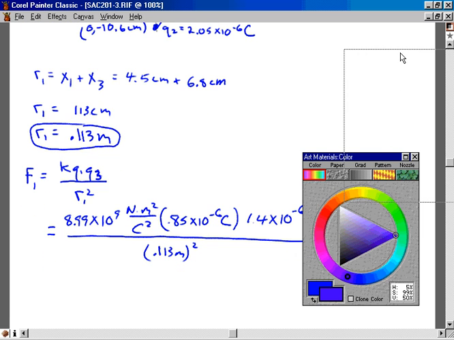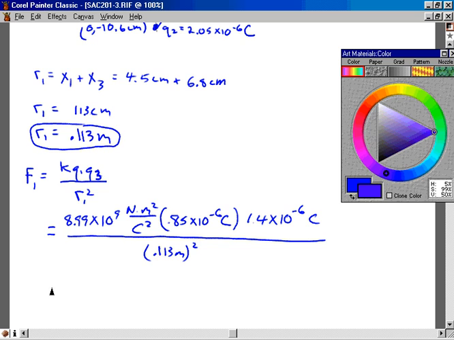And if you go ahead and evaluate that, you get 0.8378 newtons for F1.